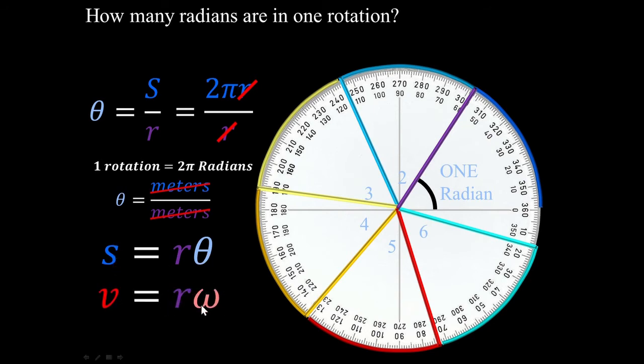Or if we take an angular velocity in radians per second, multiply by meters, we get meters per second, a tangential velocity. Or if we take an angular acceleration, radians per second squared, multiplied by meters, we're going to get a tangential acceleration of meters per second squared.